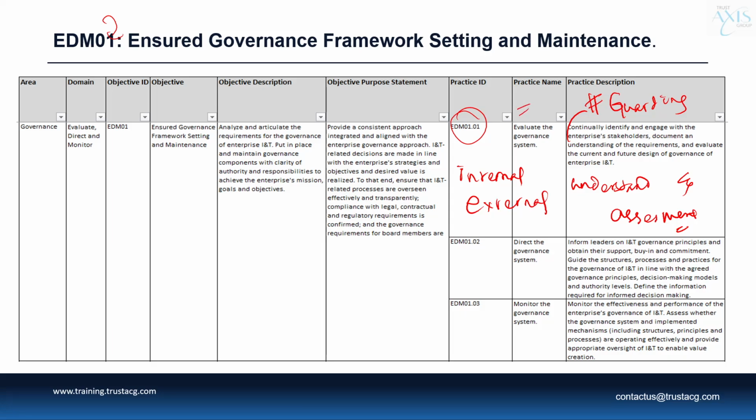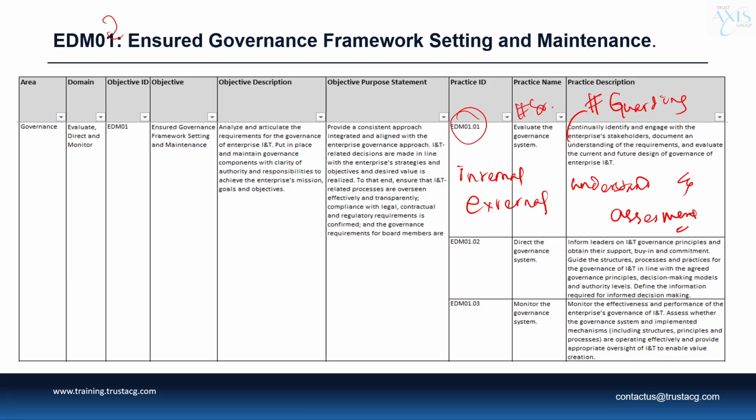How many senior executives or board level executives are involved in defining the direction of the governance for your enterprise IT. Similarly, these metrics can give you a bird's eye view of whether the framework that has been put in place for evaluating how your governance system itself is operating can give you an indication of its KPI, right?